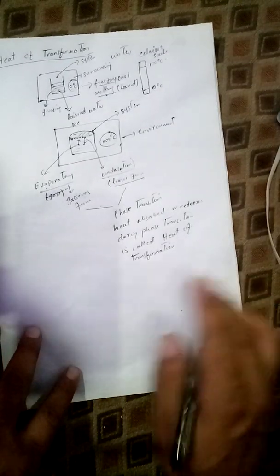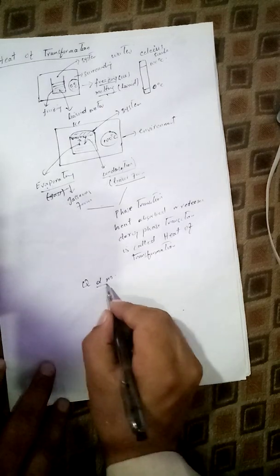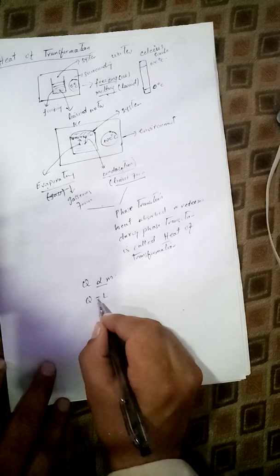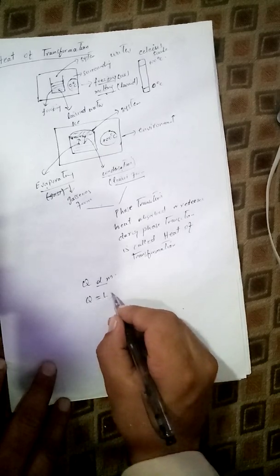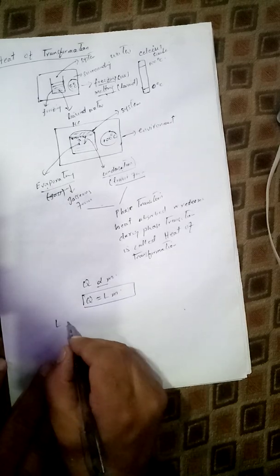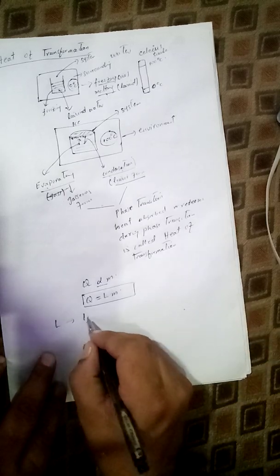Now, mathematically, the heat energy released or absorbed during phase transition is proportional to the mass m. If we remove this proportionality sign, we introduce a constant which I will represent by L, so Q equals L times m. This L is called latent heat.